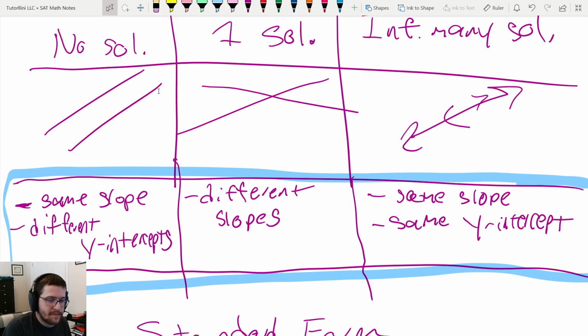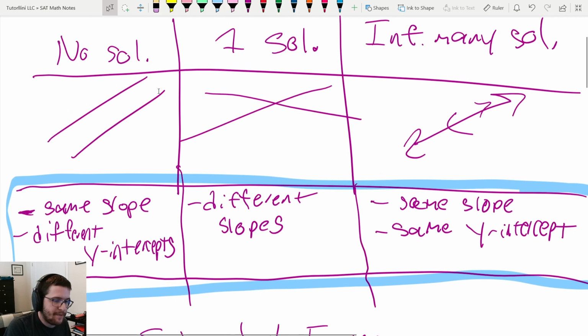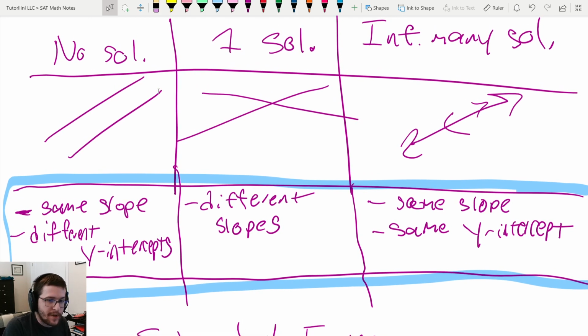Those have different slopes. And infinitely many solutions, we call those coincident lines. And those have the same slope and the same y-intercept. So please, please, please make sure you pause this video and write this down, because this is essential knowledge not only for the test, but for some of the questions we're about to do.